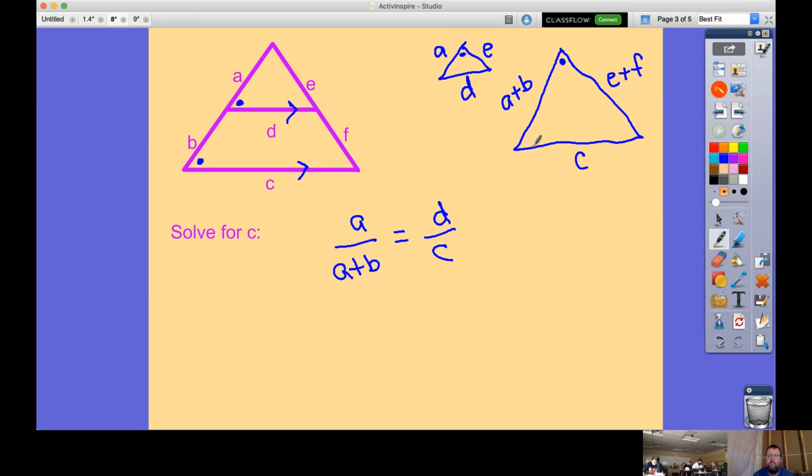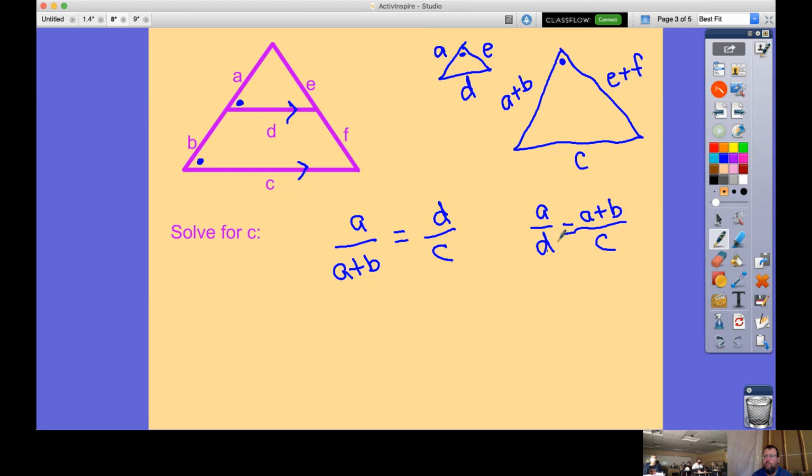You could set up this proportion lots of different ways. You could go A over D equals A plus B over C. Now, realize these two are exactly the same. The only difference is that these two are in opposite spots.